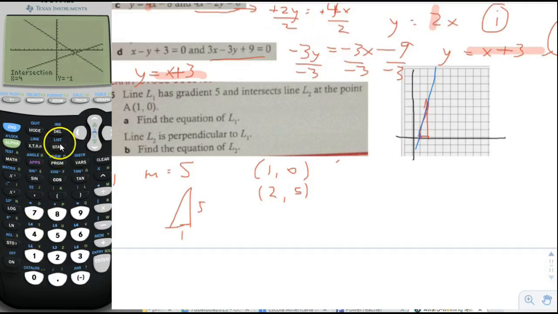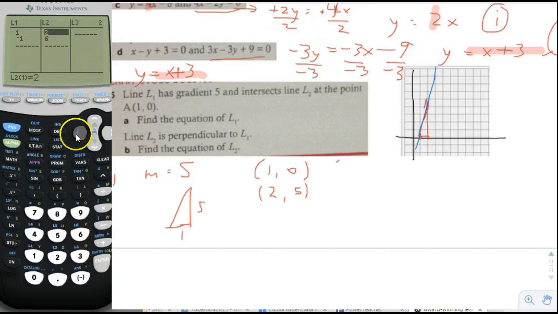And when we do that, we can run linreg on it. And we can find a line that goes perfectly through these 2 points. 1, 0, 2, 5.